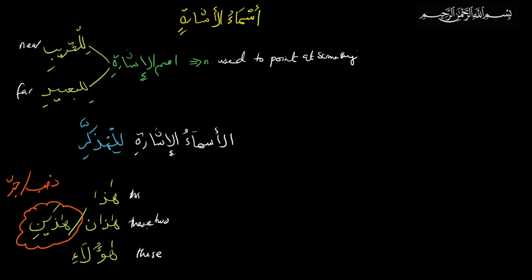Okay, and then for lil ba'id, we have zalika, zanika, zainika, and then ulaika.